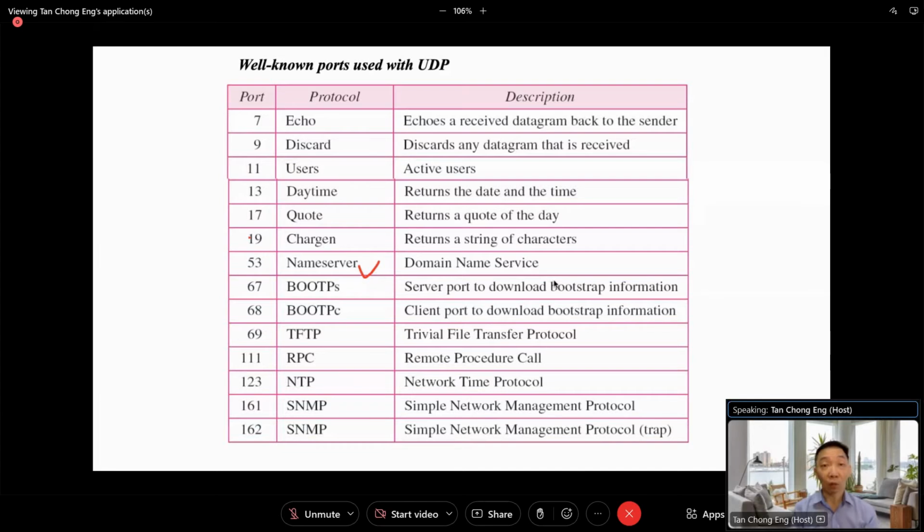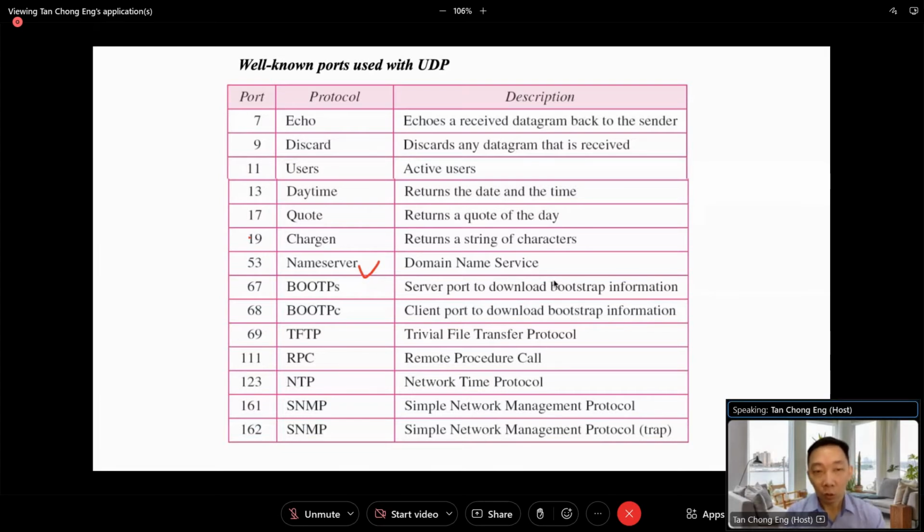These are based on fixed ones. So you may ask, can I use my own port numbers for my website? If I install a web server on my computer, for example, you install Apache or you enable Internet Information Server from Microsoft, you can actually use your computer to act as a server. Of course, a low power one. You might not be able to serve a huge amount of users.